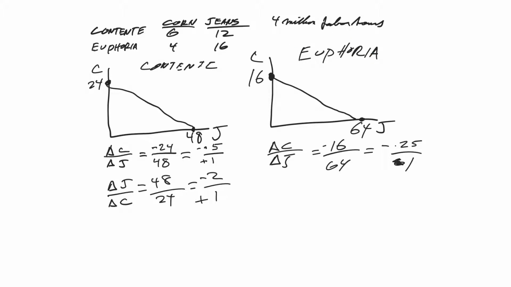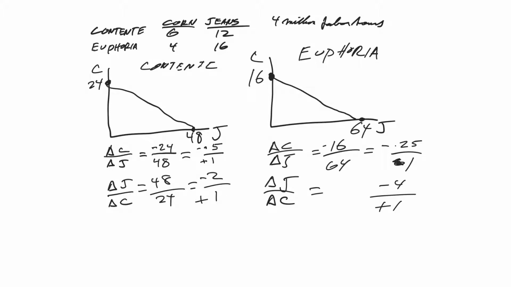Okay. And again, let's just take the reciprocal now. Change in jeans over change in corn. And what's the reciprocal of 0.25? 1 over 0.25 equals 4. So 1 corn costs 4 jeans in Euphoria.